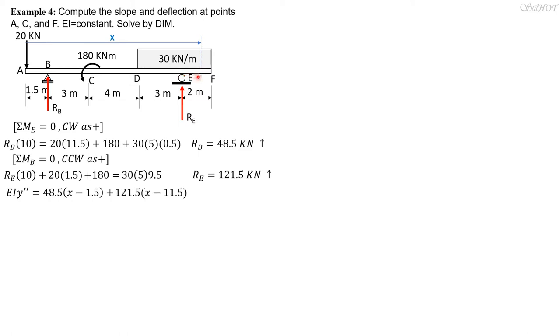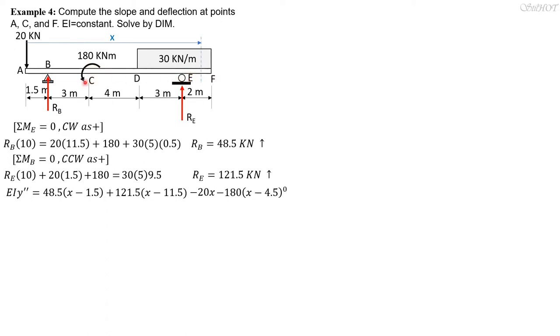So 121.5 times x minus 11.5, then minus 20 times x, then minus 180, because 180 is not acting at the origin. Let its moment arm be x minus 4.5 to the 0. This distance is x minus 4.5.